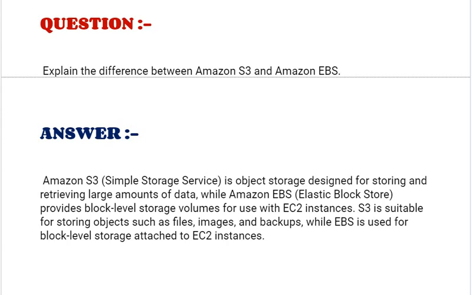S3 is suitable for storing objects such as files, images, and backups, while EBS is used for block level storage attached to EC2 instances.